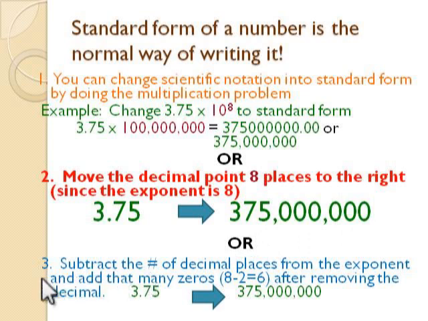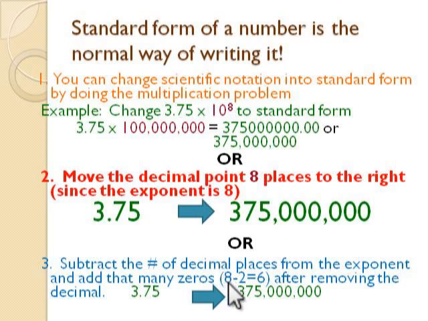Here is one last way you could possibly do it. This is one I would call a shortcut. You would subtract the number of decimal places from the exponent and then add that many zeros. So our exponent is 8. The number in front has 2 decimal places.